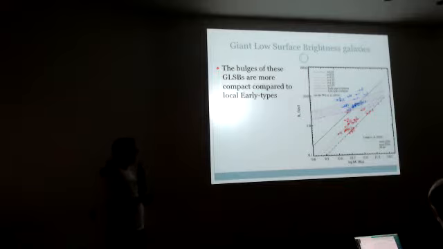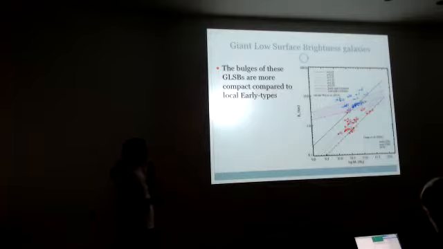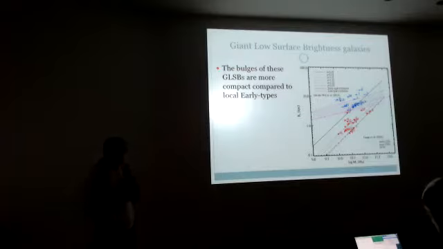The lines are taken from van der Wel et al. 2014, which tells you where the early type and late type galaxies are located at different redshifts. And it seems that the bulges of these giant low surface brightness galaxies seem to be quite compact compared to the local early type galaxies, and are more similar to the higher redshift early type galaxies.